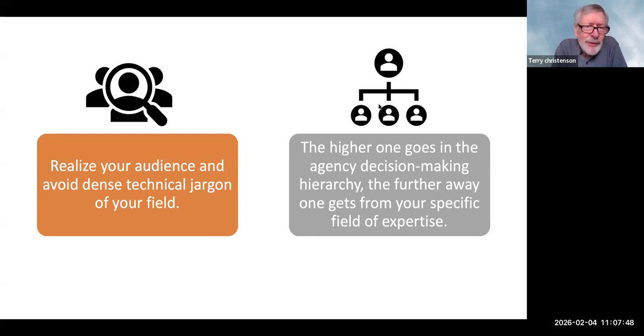So you want to avoid technical jargon. Every now and then I run across a proposal where I read the first few paragraphs and I have no idea, as an educated reader, what this proposal is about. And the higher you go in the decision-making hierarchy in a funding agency, the further away you get from expertise in your field.